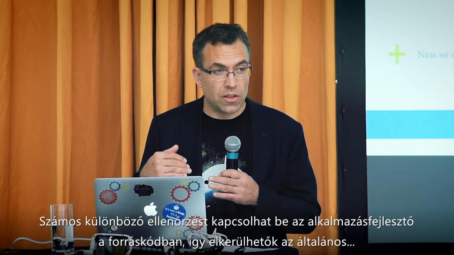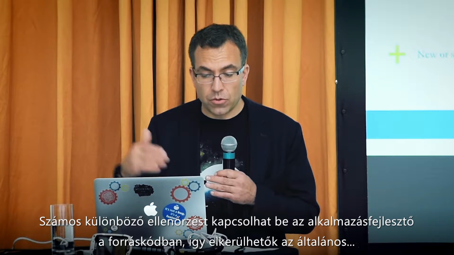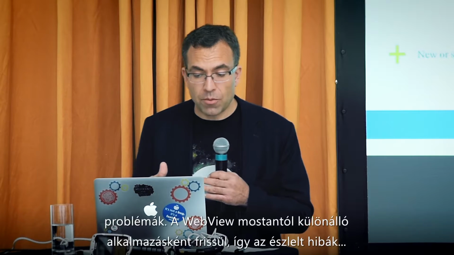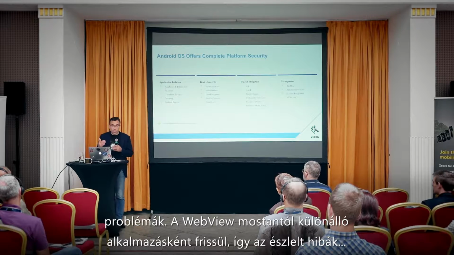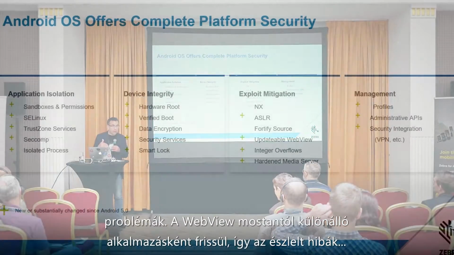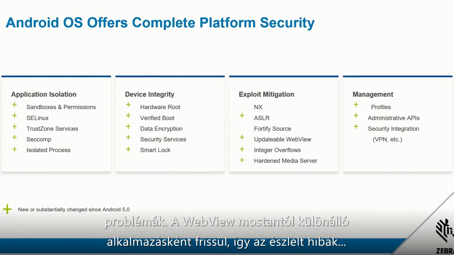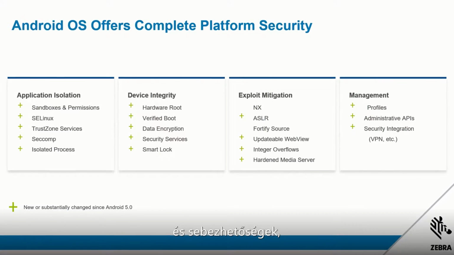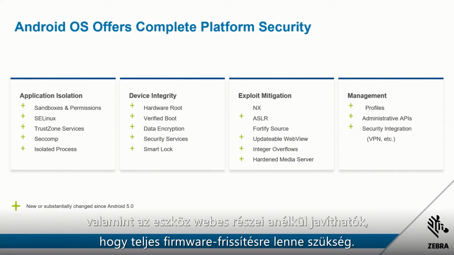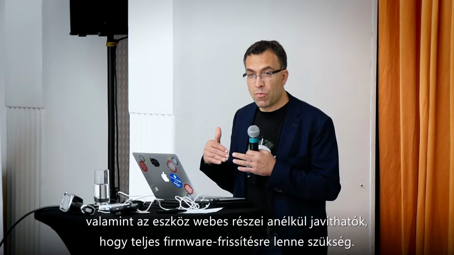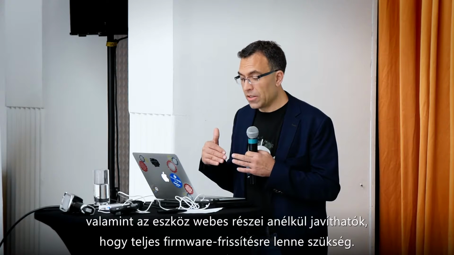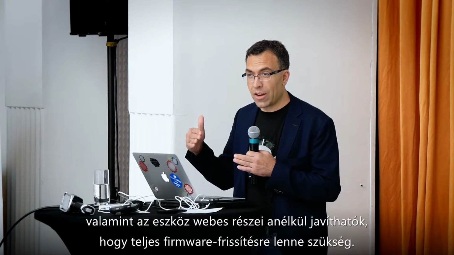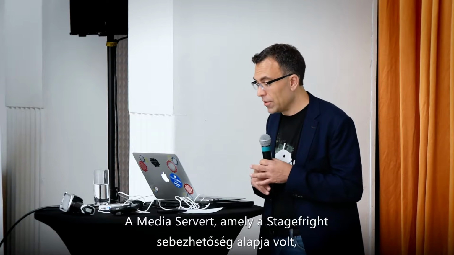We have a number of different checks that can be turned on by the app developer with their source to help avoid common problems. The WebView is now being updated as a separate application so that as bugs and vulnerabilities are discovered in the web portion of the device, those can be fixed without having to get a full firmware update.